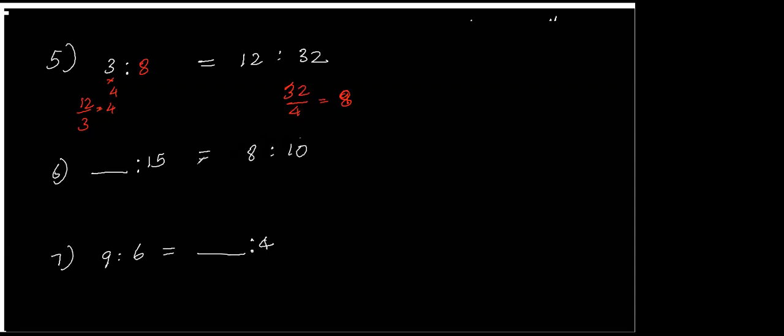To obtain 10 here, from which number do we have to divide this one? First you can see 15 and 10. So first divide 10 by 15 and see, 2/3. It means 15 multiplied by 2/3. That is 5 into 2, 10.